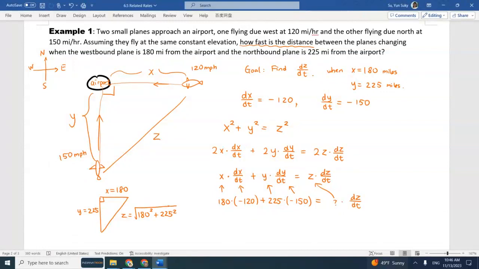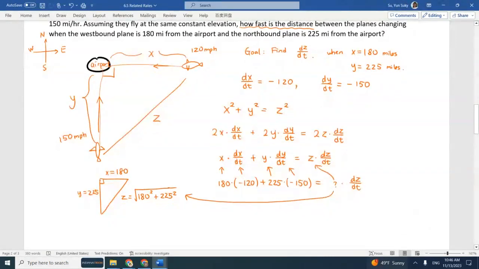Yes, everybody, at that moment. Oh, this is our z. Therefore, we can put the z here as the square root of 180 squared plus 225 squared, and dz dt. So far, so good?